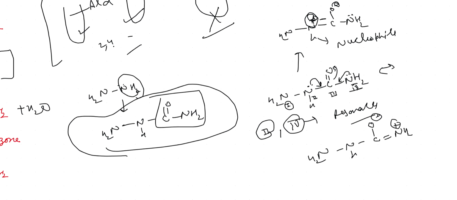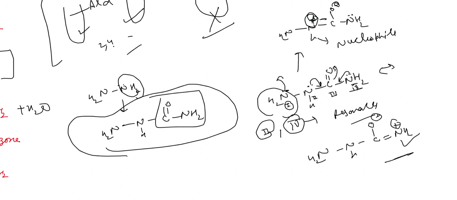So this nitrogen has no free lone pair, so it will also not act as a nucleophile. Only nitrogen number 1, that is NH2, has a free lone pair of electrons, so that's why it is reacting with aldehydes and ketones.